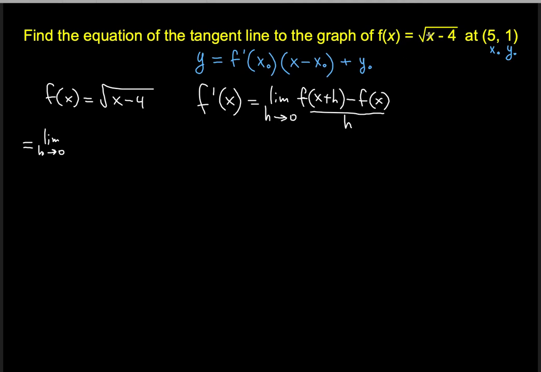So the function of x plus h is going to be the square root of x plus h minus 4. And then minus f of x, so you're going to copy this down: minus the square root of x minus 4, divided by h.